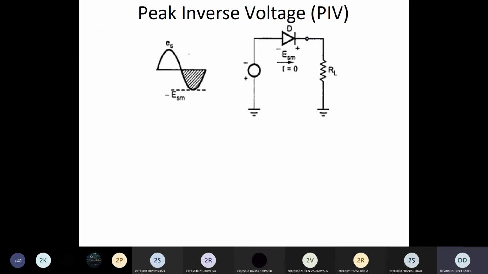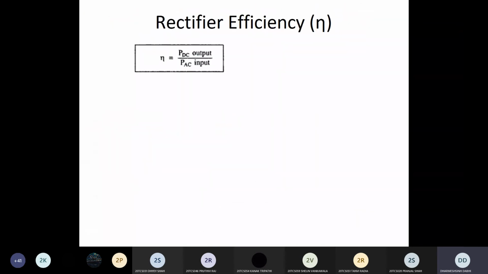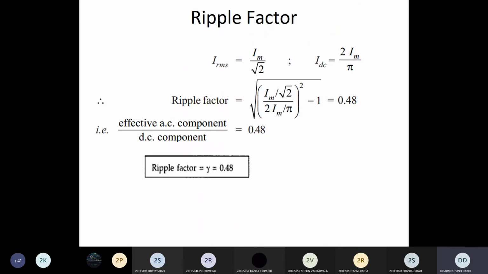So here I directly write the ripple factor equation for this full wave rectifier circuit. It is the ratio of total RMS current, which we derived for the full wave rectifier as Im divided by root 2, divided by average DC current, which is 2 Im by pi, whole square, minus 1. So you get the ripple factor of 0.48, or 48%.